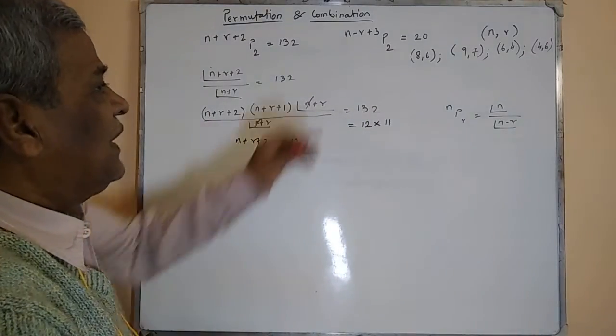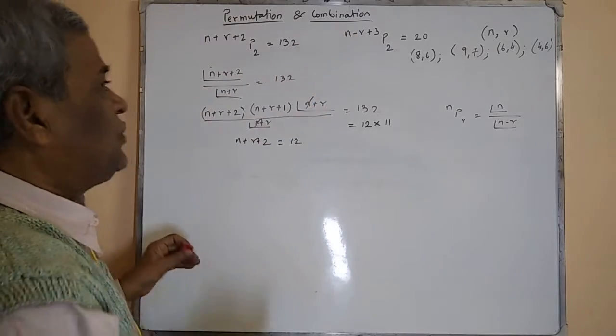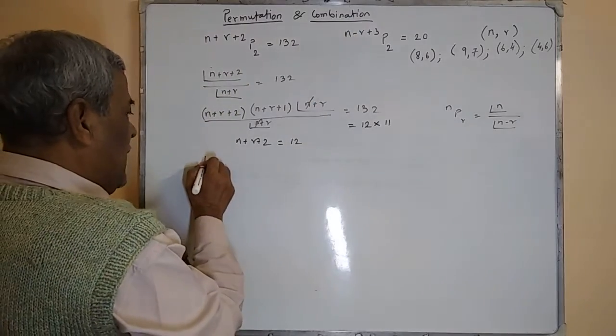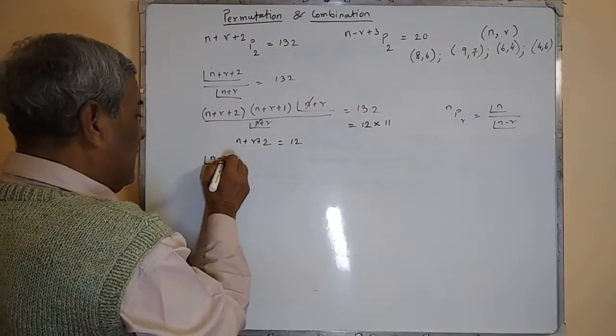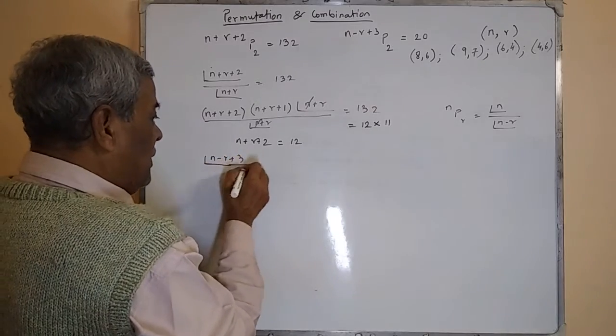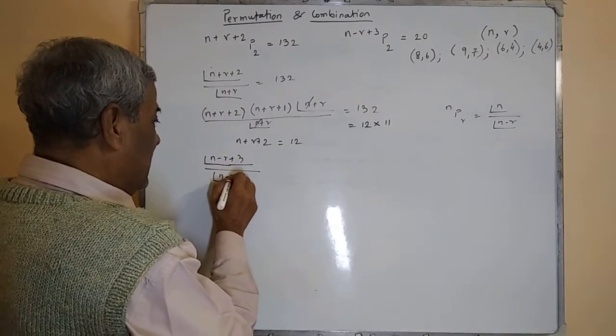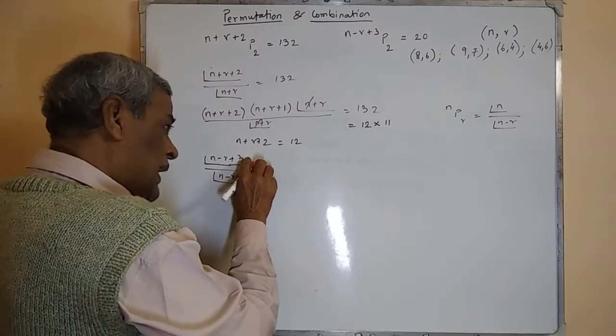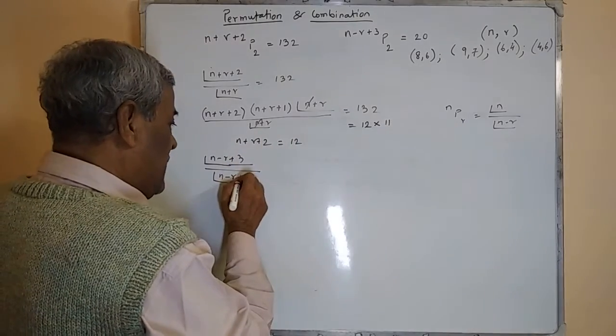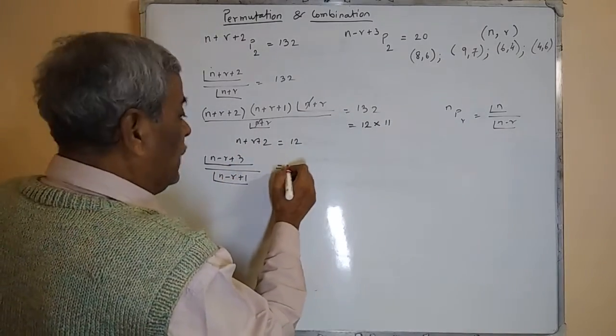Now from the second information, this is equal to factorial of n minus r plus 3 divided by factorial of n minus r plus 3 minus 2, means plus 1. This is equal to 20.